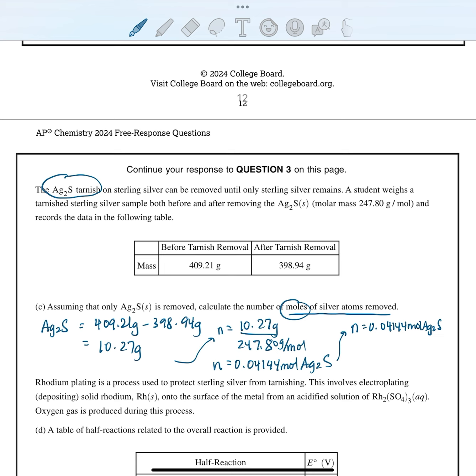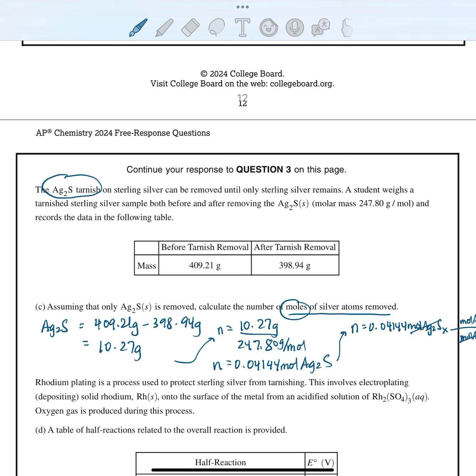Now you're going to multiply this by a ratio, and how I do my mole ratio is I put the units that I don't want on the denominator, so that's what I want to cancel out. I don't want moles of Ag2S. I do want moles of Ag, so I'm going to put that on the top. So moles of silver sulfide will cancel out.